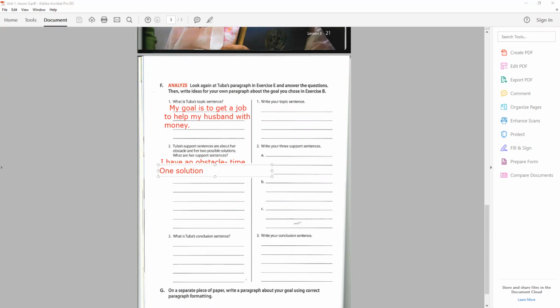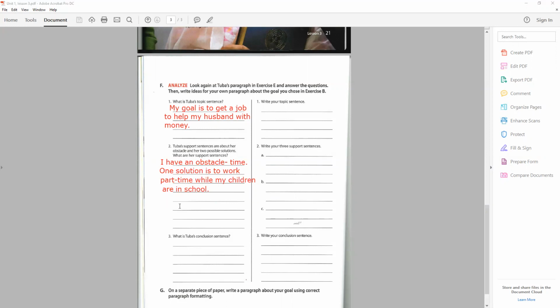One solution is to work part-time while my children are in school. There's one solution.